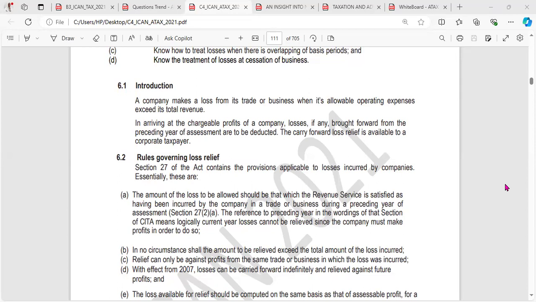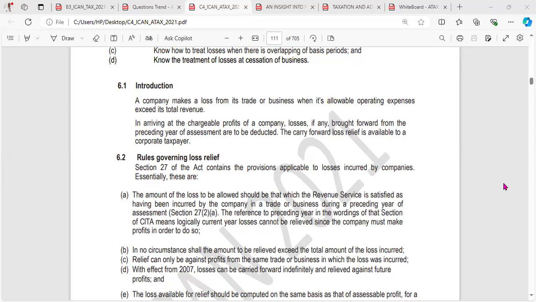The second rule here is in no circumstances shall the amount to be relieved exceed the total amount of loss incurred. What this means is that if you have a loss of 1 million, you cannot relieve more than 1 million.